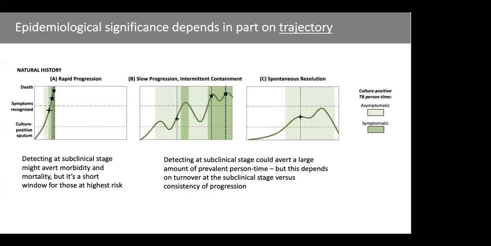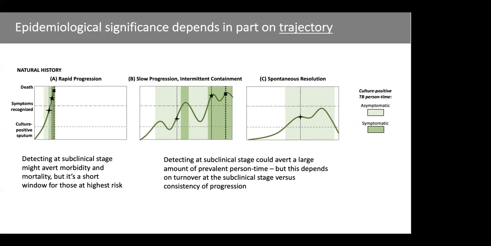In terms of trajectory, there's a lot of heterogeneity at the population level in terms of how people progress. We know that some, for example people who have immunodeficiency, can progress very rapidly to severe clinical disease, whereas we know from historical data that there are some people who progress much more slowly. When you're talking about people whose course fits into this group at the left, if you could detect their disease at a subclinical stage, you might avert future morbidity and mortality.